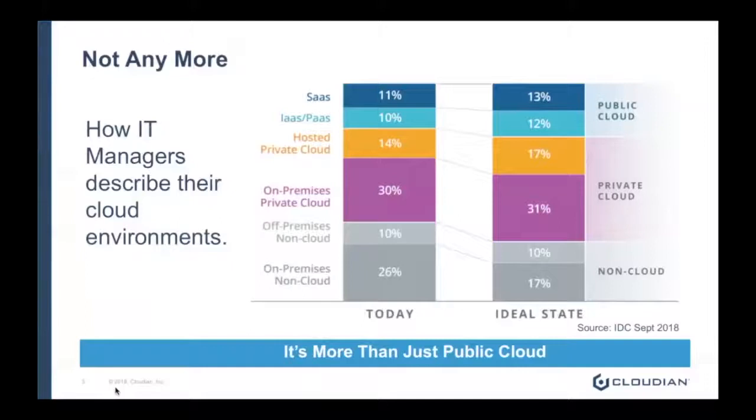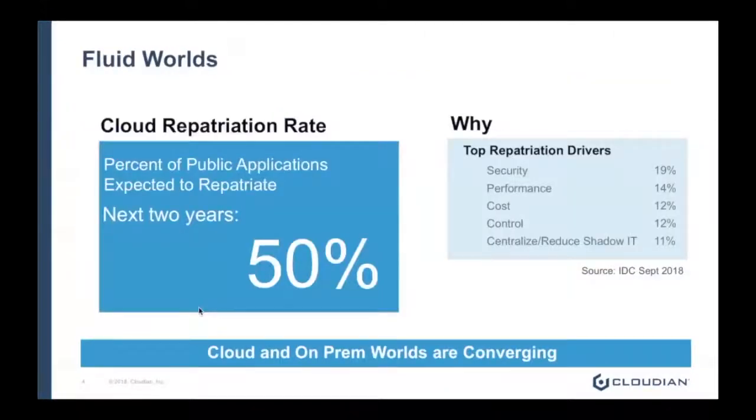Many IT managers are viewing the public cloud as yet another resource in the IT toolkit, as opposed to a completely new model that you have to move to and change the way you're doing everything. They're using the public cloud very much as just another part of the IT landscape. And what we're seeing is that between these two worlds, the public cloud and the various forms of private cloud or on-prem, there's a lot of fluid movement.